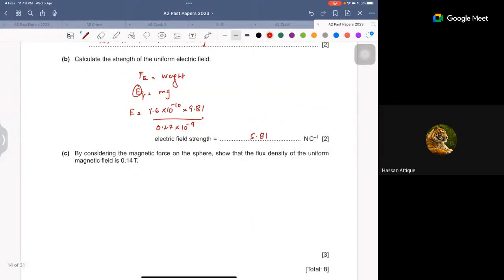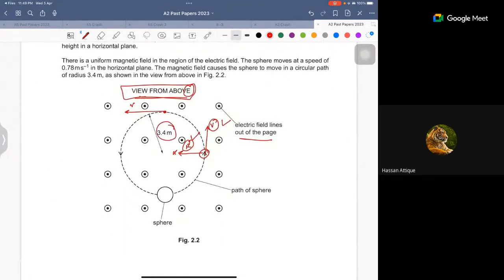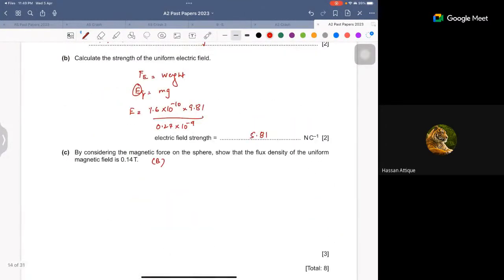Anyway, by considering the magnetic force on the sphere, show that the flux density of the uniform magnetic field is 0.14 tesla. So we want to find B. It's pretty simple. Whenever you see something going in circles, we've got the radius and we've got the mass. It means the magnetic force must be providing the centripetal force.